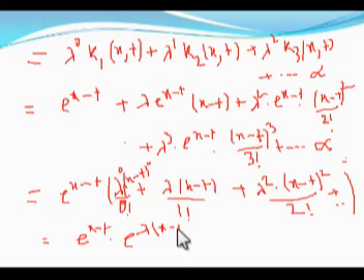If we sum the powers of the exponential, then we will get e to the power 1 plus lambda, times x minus t. So this is our resolvent kernel for this Volterra integral equation.